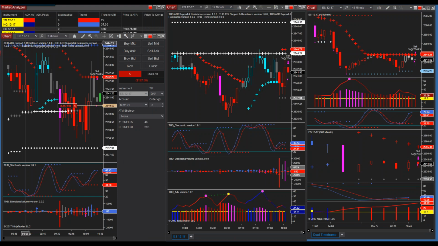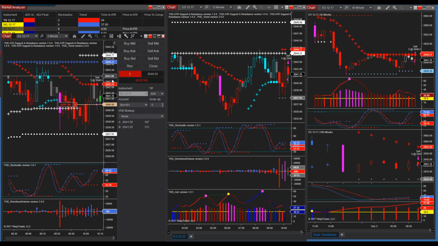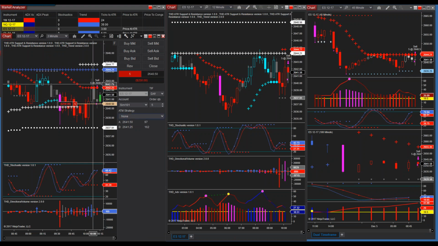Now, over on the future side, I really kind of want to set my stop above these ATR levels if possible.